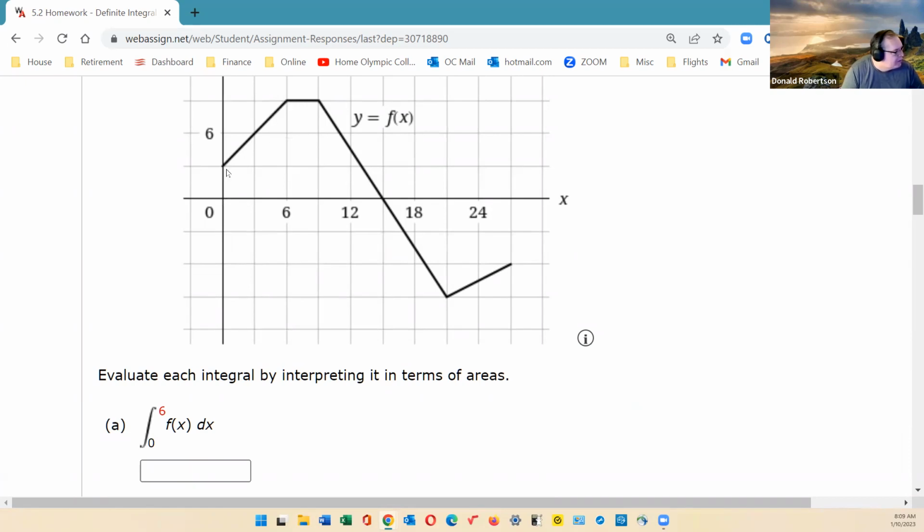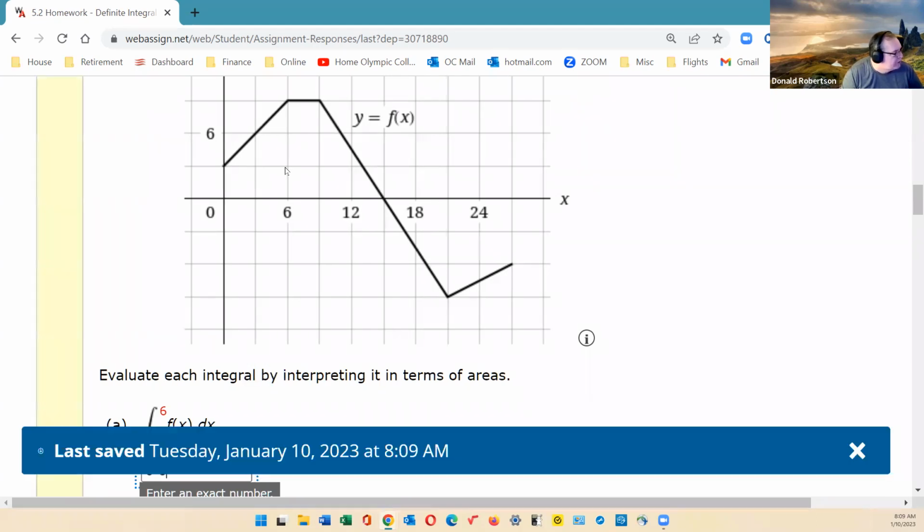You see it? Now, the way my mind works is that there's a little rectangular piece at the bottom, which is 6 units long and 3 units up. So that's 6 times 3. So it might look something like this. 6 times 3. That would get me this piece here. And then there's a triangle at the top. And the triangle is a half base, which is 6, times height, which is 6.